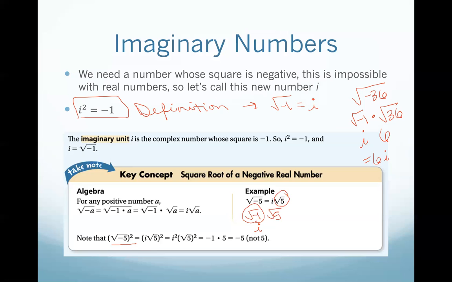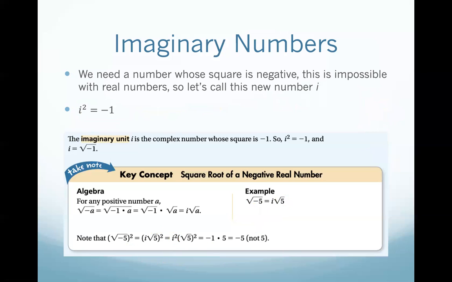So now if we have the square root of -5 squared, that's the same as i times the square root of 5, squared, which means that's i squared times the square root of 5 squared. i times the square root of 5 times i times the square root of 5 would be i squared times the square root of 5 times the square root of 5. But i squared is defined to be -1. So for the first time, we now have perfect squares that can be negative.